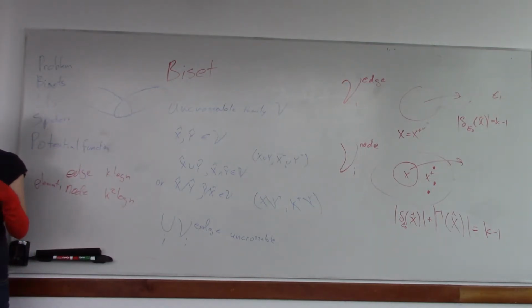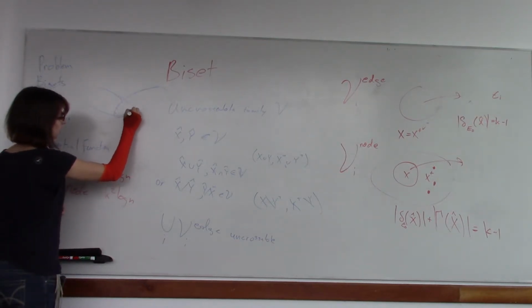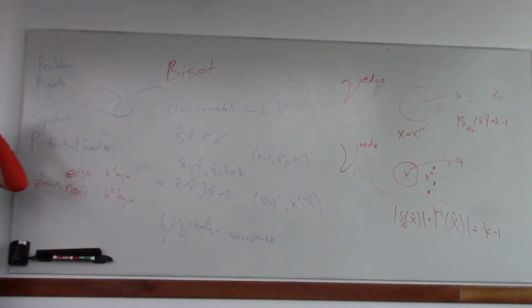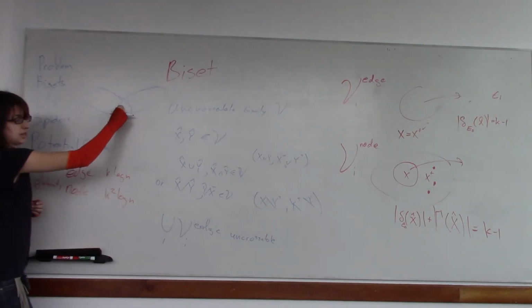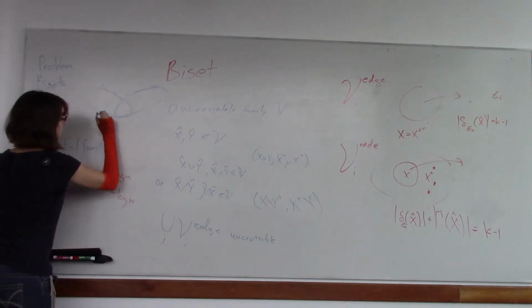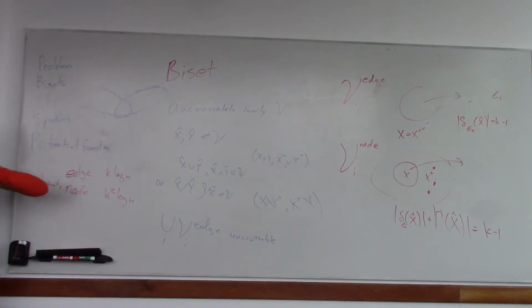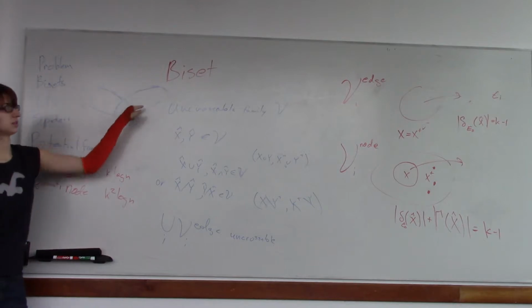So when you're doing max flow, min cut, then you also know, if your min cut has size at least k, this thing has at least k things crossing it. This thing has at least k things crossing it. And if they both don't have at least k things crossing them, then you have a problem, because you only have k things here and k things here.